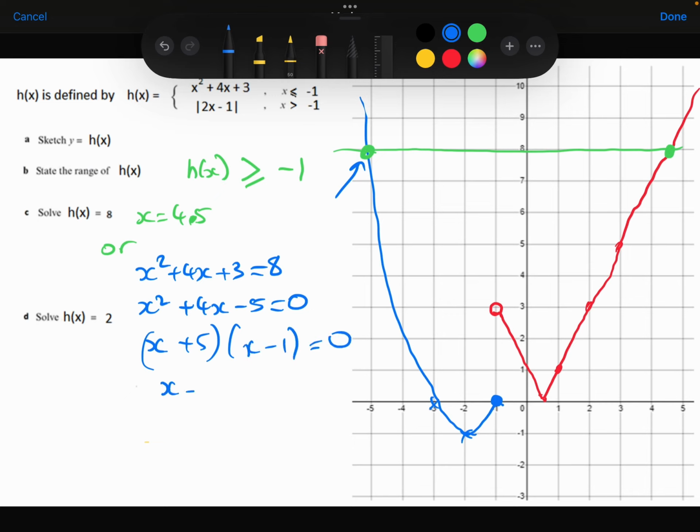So we'll have two solutions of minus 5 or plus 1. But I'm going to ignore the 1 solution because my quadratic is not defined when x is equal to 1. It's only defined for where x is less than minus 1. So the minus 5 is the solution that I was expecting to get.